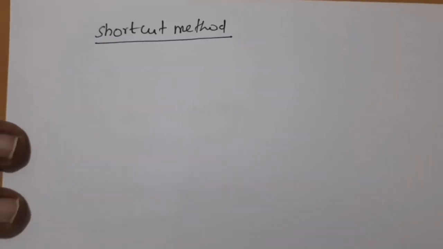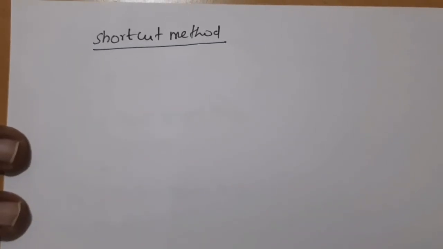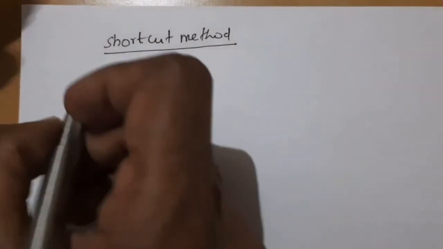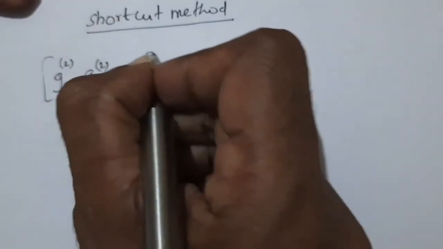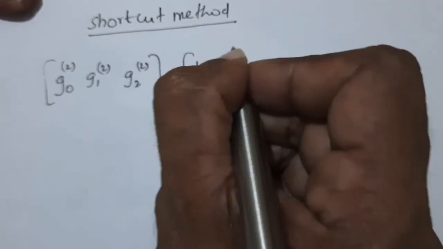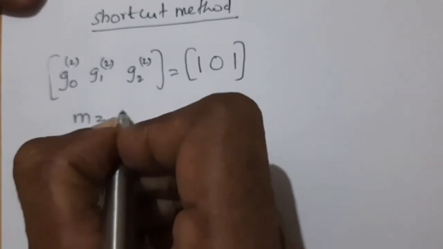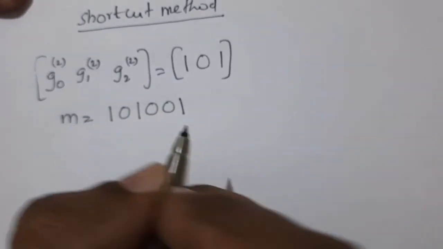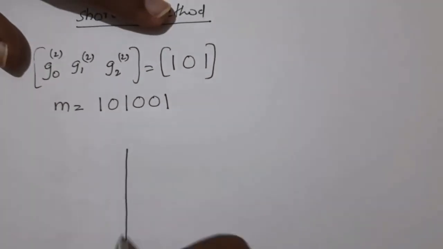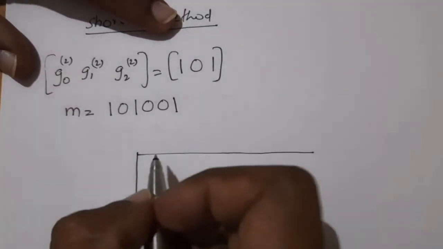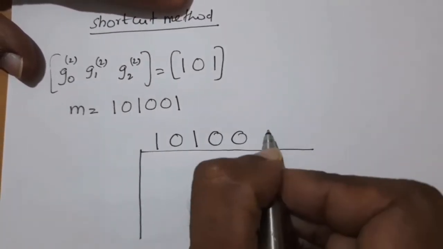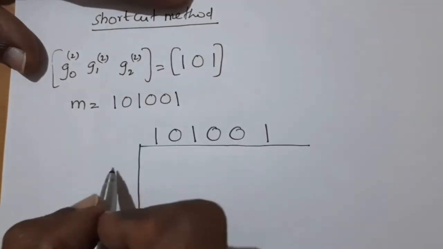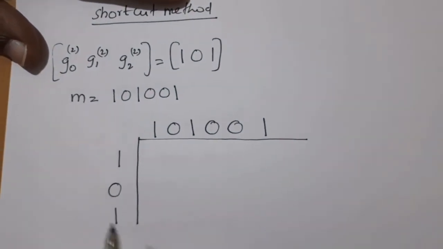Now I will show a shortcut method for finding the convolutional sum. Suppose we have G0 of 2, G1 of 2, G2 of 2 as 101, and the message sequence is 101001. What you can do is write the message sequence here, 101001, and the generating sequence here, 101.